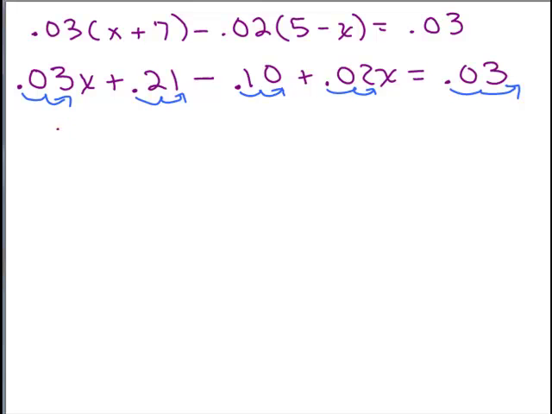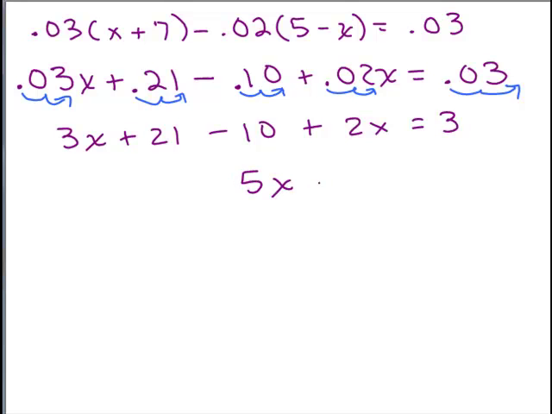And then you get a little bit easier numbers to deal with right here. Okay? And from this point, it looks like the same way I did the first problem. We combine like terms. The 5x plus 11 equals 3.